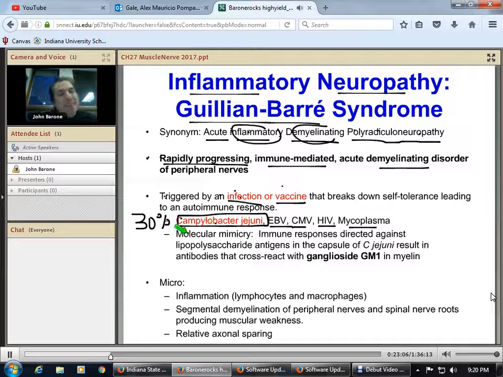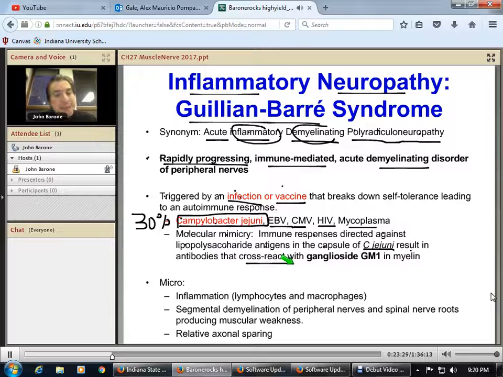All right, now why is Campylobacter going to cause it? Molecular mimicry. Some people can look like the bug. So I attack the bug, I attack myself. Molecular mimicry is the term we use when our immune response is supposed to attack the bug. We're attacking the lipopolysaccharide antigens on the capsule of Campylobacter jejuni.